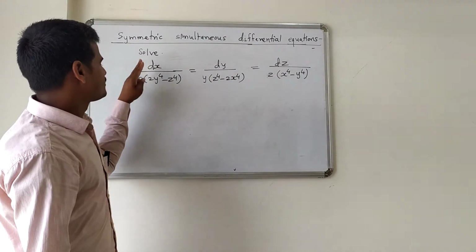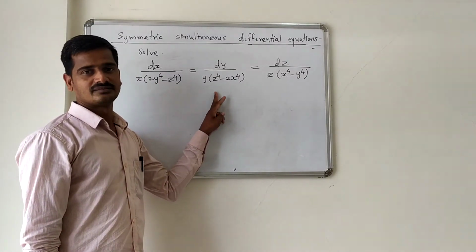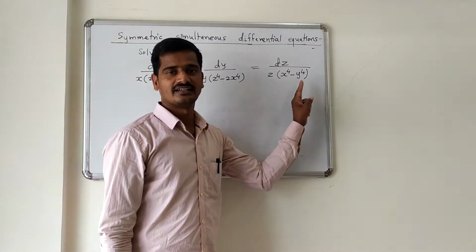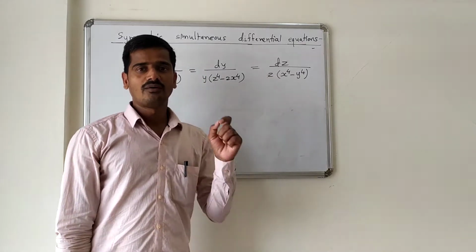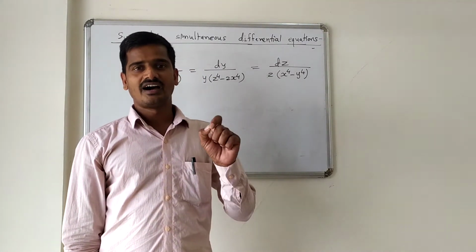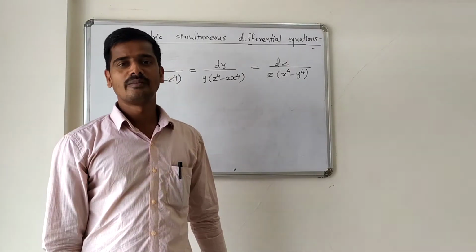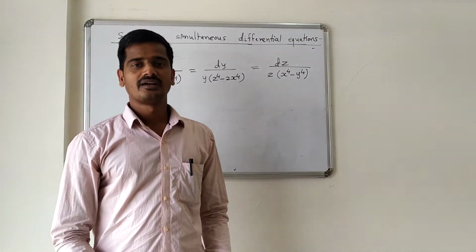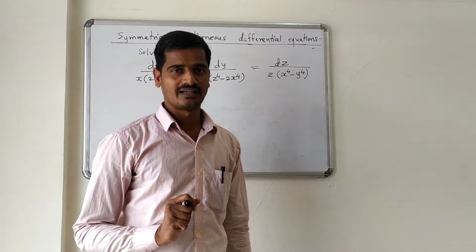Suppose you are asked to solve this example. It is a symmetric simultaneous differential equation, and now I will explain how to find the relations between x, y and z, two independent relations, with the help of the method of multipliers.